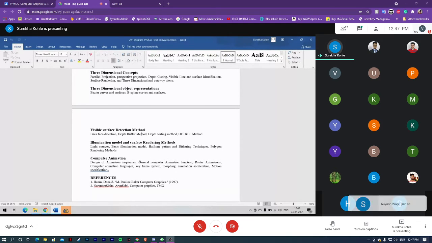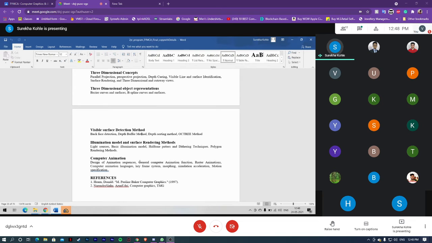Then we have the visible surface detection methods: back face detection, depth buffer method, depth sorting method, octree method. These are the different visibility methods, which we will do afterwards. Then we have the illumination model and surface rendering method, so how we are going to render the surface.